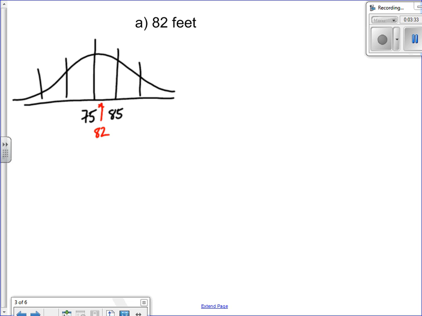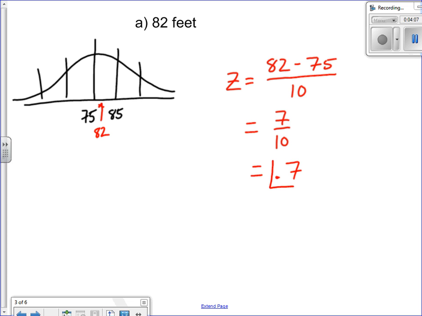In order to do that, we're going to take that 82 feet and subtract our mean, 75, and to figure out how many standard deviations away we are, we divide through by the standard deviation of 10 feet. So 82 minus 75 puts us at 7 over 10. Our z-score here would be 0.7.